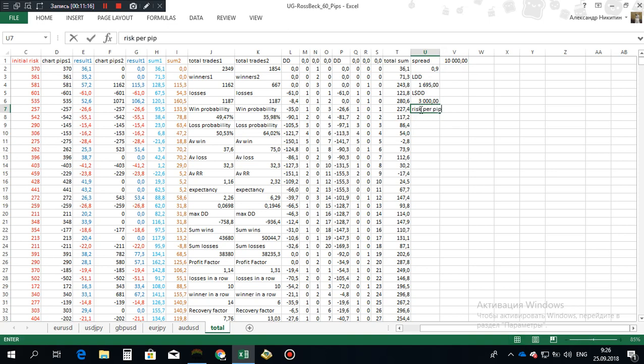Then let's calculate your risk per pip. What is your pip value? Risk per pip, how much you risk per pip. It is very simple. You just divide your largest drawdown available. If you allow yourself to risk only $3,000, you divide it by the largest number of pips, and that is your risk.